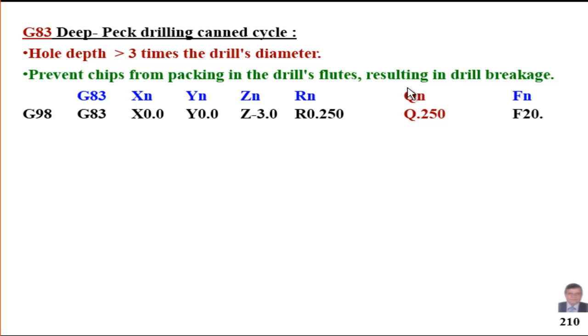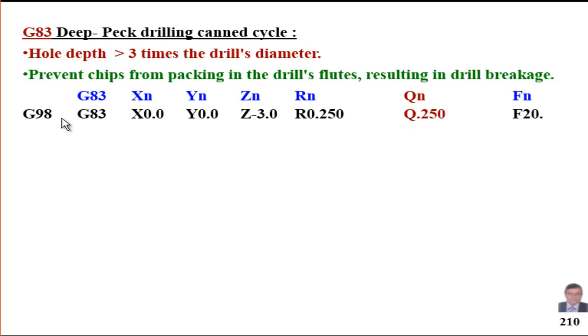Every cut will be programmed with this amount of depth. So when we select 0.25, it means every peck will cut that amount of length till the total depth of hole is completed.